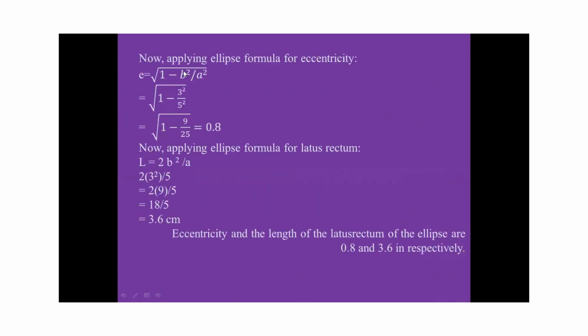Applying the ellipse formula for eccentricity, e equals the square root of 1 minus b squared over a squared. Substituting the values of b and a gives 0.8. Now applying the formula, the length of the latus rectum equals 2 times b squared over a.